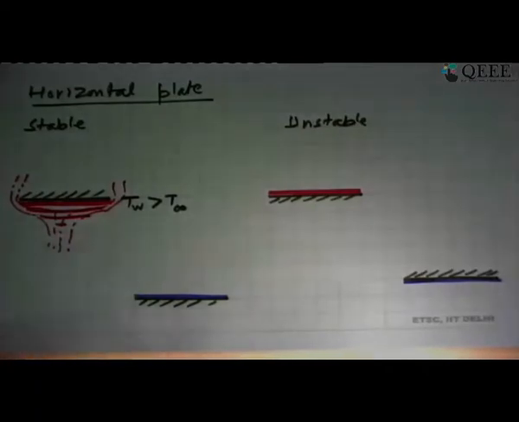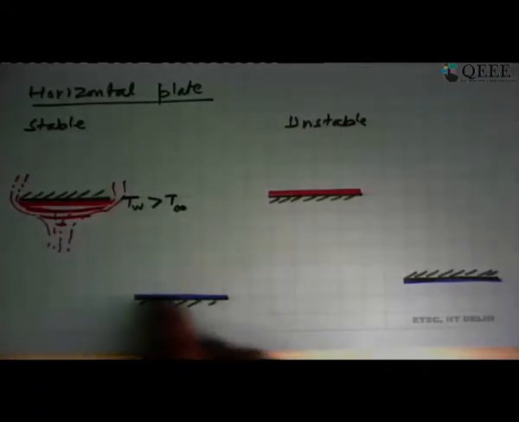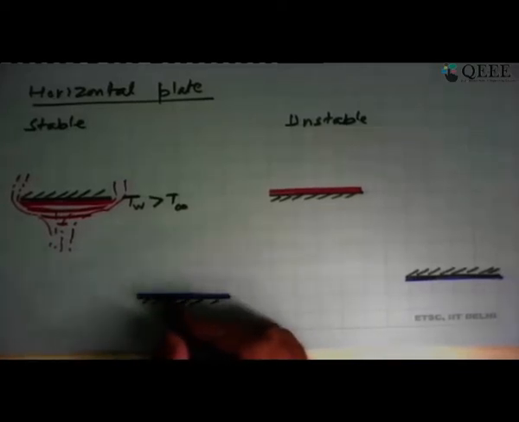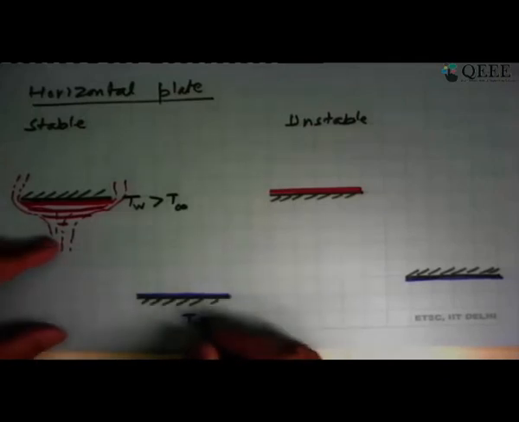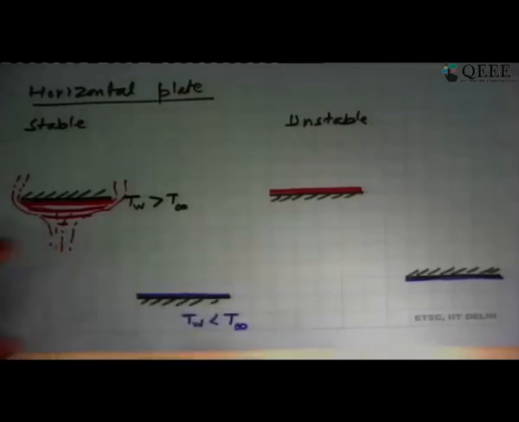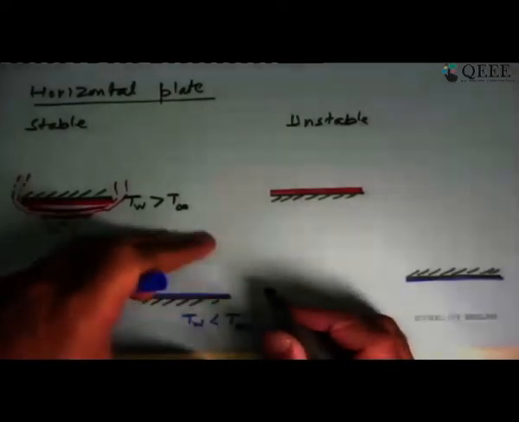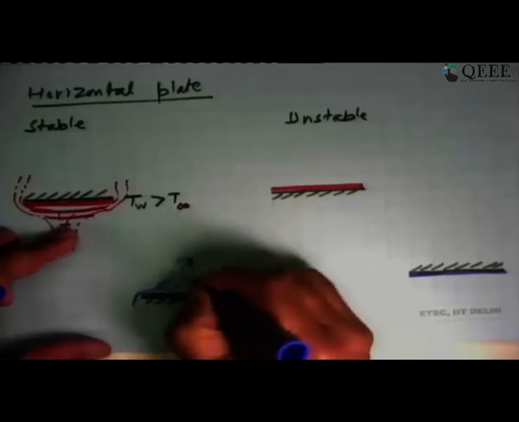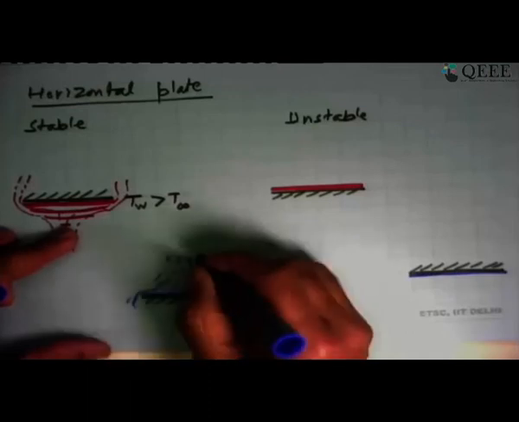The counterpart which is also a stable flow is a surface where the heat transfer surface is upwards and TW is less than T infinity. So the whole problem is flipped up. The heat transfer surface is on the top and its temperature is less than the surrounding fluid temperature. In this case, the opposite of this will happen. This fluid will come there and go off there. This is the way the flow will take place. This will go off there, this will go off there, and then this will go off there.